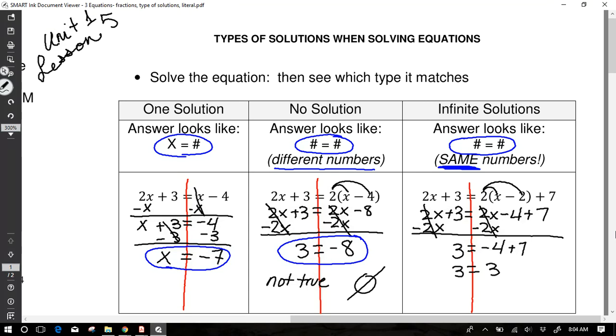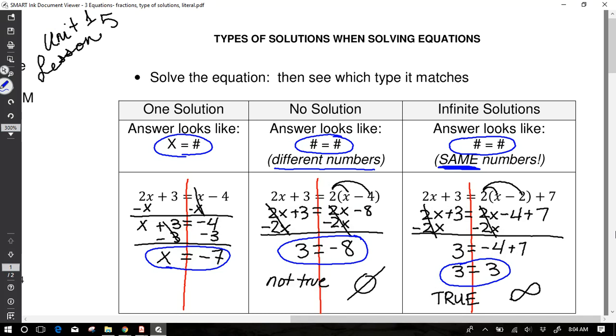And then bring down the other 3. This statement is a true statement. 3 does indeed equal 3. And so my answer is going to be infinite solutions. Another way to write that is using the infinity symbol.